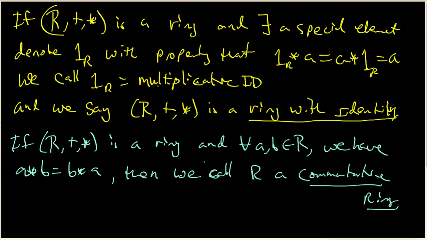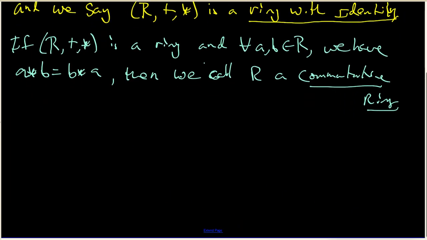Now, there are rings that are commutative that don't have identity. We've already got an example of a ring that has an identity that is not commutative. So let's actually do a basic little example here.